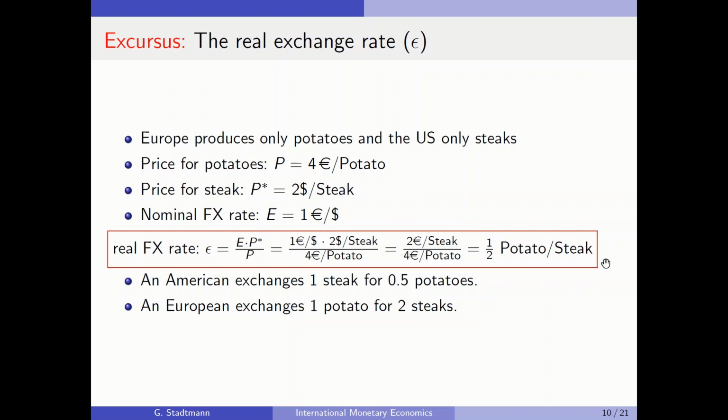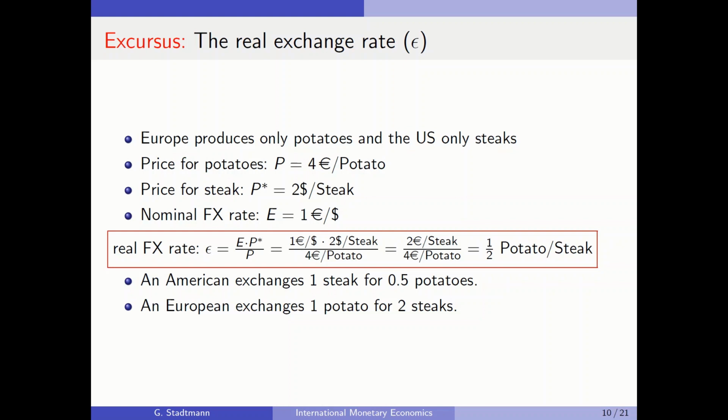So the real exchange rate measures the price of 1 foreign good in terms of a domestic good. So 1 American exchanges 1 steak for 0.5 potatoes, or when you want to put it the other way around, a European exchanges 1 potato for 2 steaks.